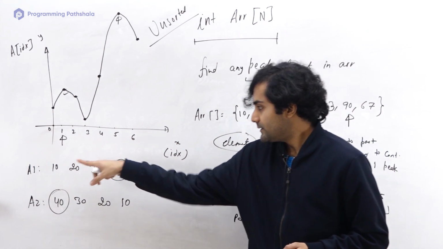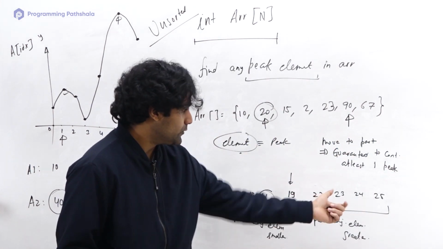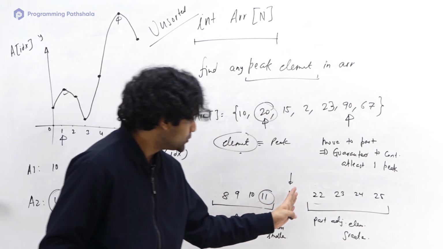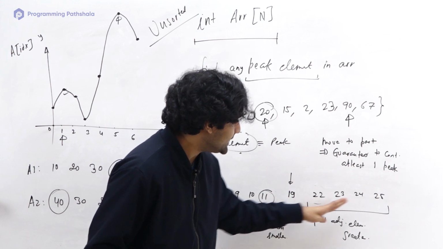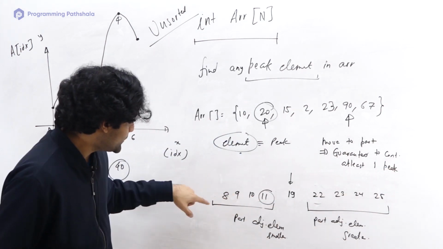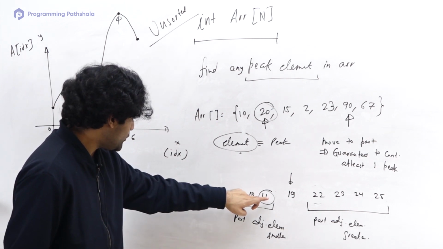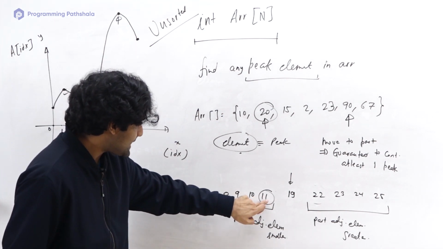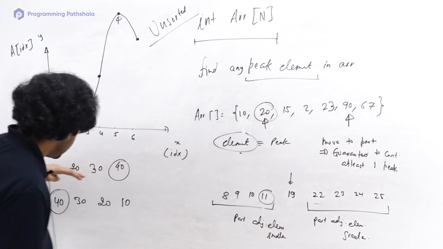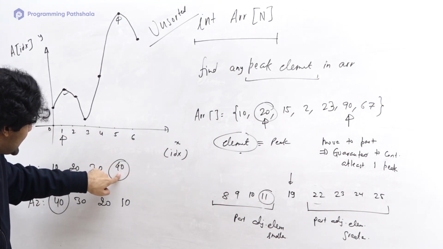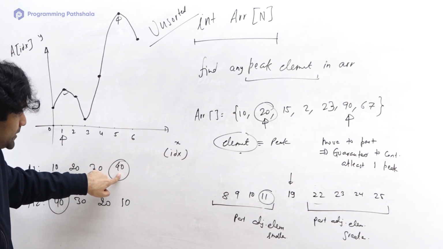This kind of behavior got seen over here, and that is the reason why it makes sense to move in that part which is kind of increasing, and not to move in that part which is kind of decreasing from here. Because if you take a look at this decreasing part, see this 11. If you are considering the increasing part, then only the last element of that part can be your answer.